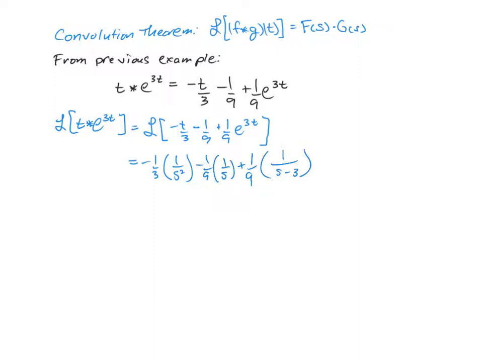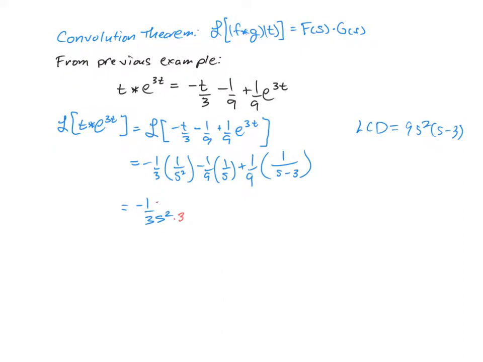Now we're going to get common denominators for this large fraction, and that common denominator is a 9, an s squared, and an s minus 3. So for the first term, it's missing a 3 to build the 9, and it's also missing the s minus 3.